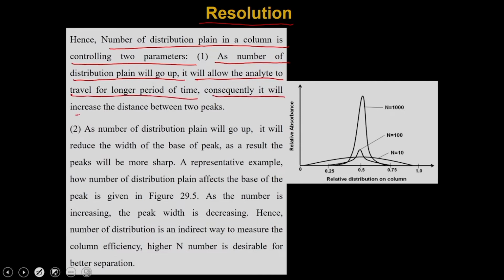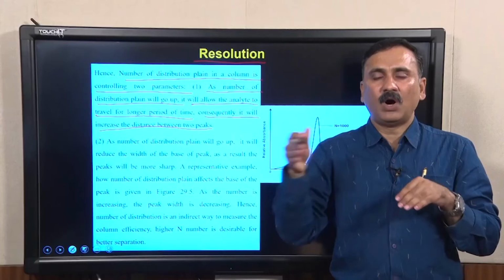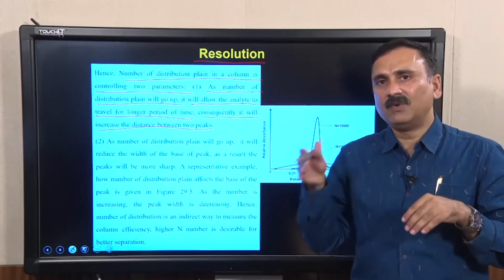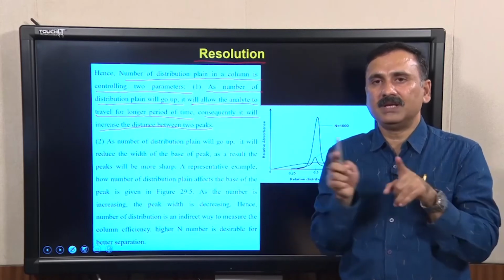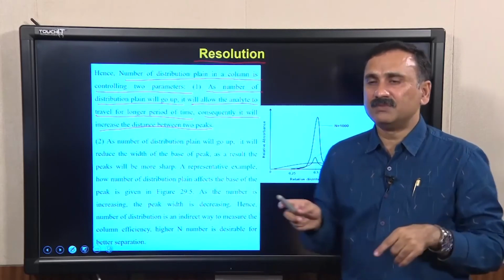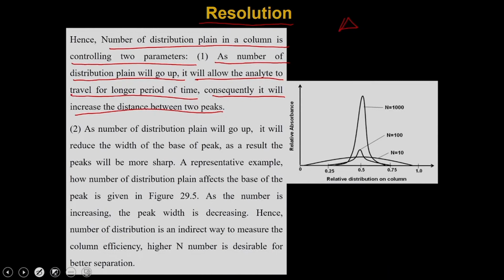Consequently, it will increase the distance between the two peaks, which means the delta t is going to be on a larger scale. And if you remember, R is directly proportional to delta t.